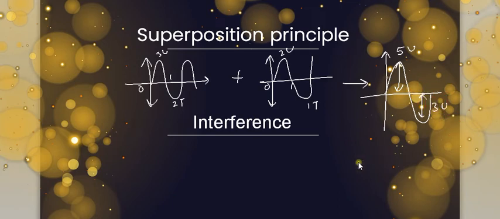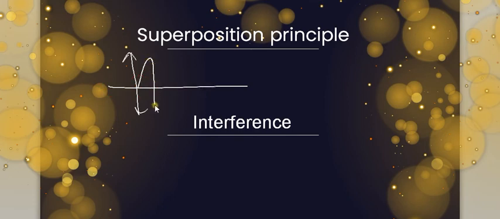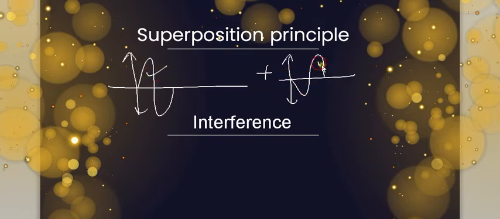Okay, and what if your waves have some phase difference, like if we are having one wave in such a way and another wave in such a way, their amplitudes will get subtracted because the direction is reversed. Now crest is getting overlapped with the trough and trough is getting overlapped with the crest, so the net resultant amplitude will be after subtraction.